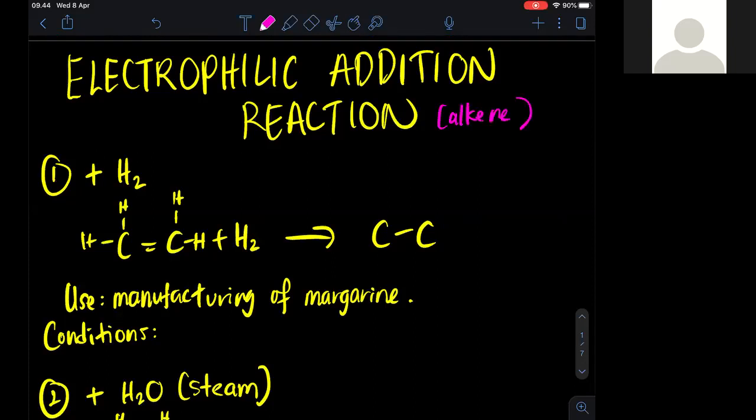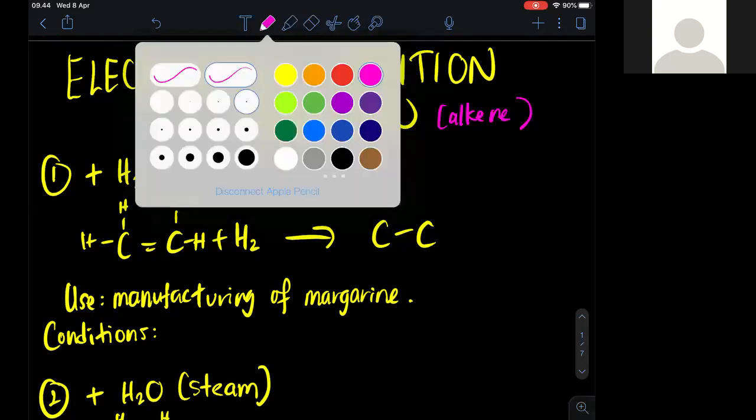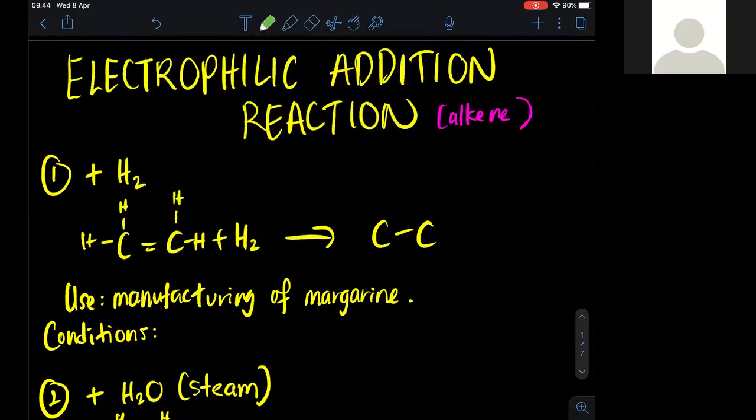So the first reaction is going to be the reaction with H2, and I have an equation over here. In this equation, the hydrogen will stay as it is, but the important thing over here is they are going to have this hydrogen.